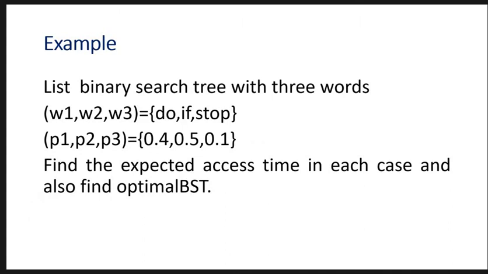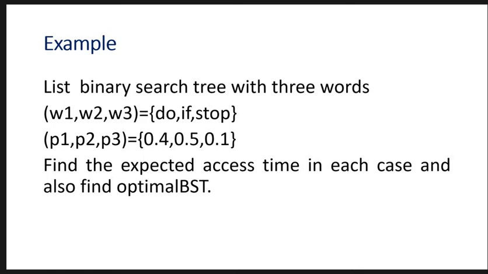We directly take an example for understanding the OBST. Assume that there is a binary search tree with 3 nodes, that is do, if and stop. Different binary search trees can be constructed with do as the parent node, if as the parent node, or stop as the parent or root node.